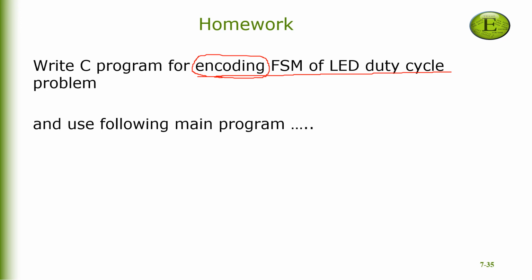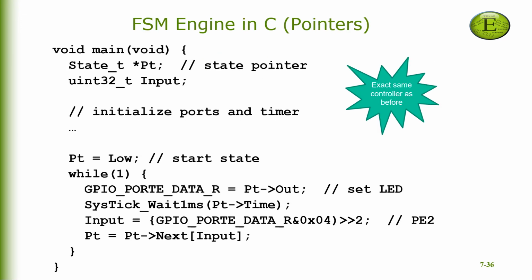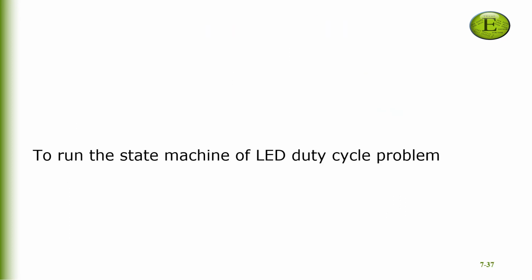And once you have encoded, you may wish to modify that finite state machine so that it can be used with the following program, which is very similar to the one that we developed for the traffic light signaling problem. But in this case, it will run the state machine for the LED duty cycle problem.